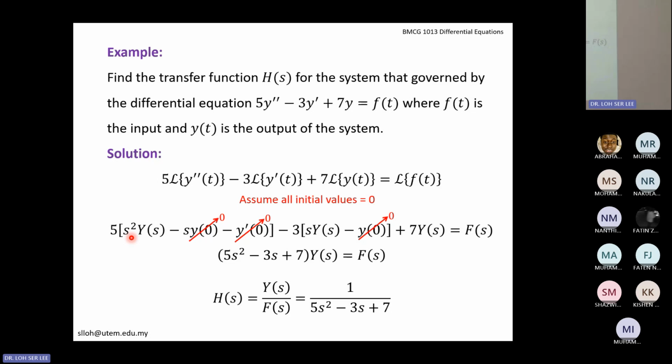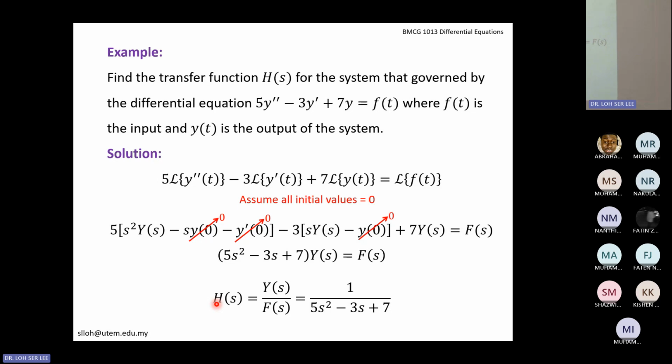Now we are looking for the transfer function. To find the transfer function, we will assume all initial values to be 0. So that's why this is 0, this is 0, this is also 0. After that, you simplify and factorize the Y in S. You get this line. Now we want to find the transfer function. Transfer function is output over input.